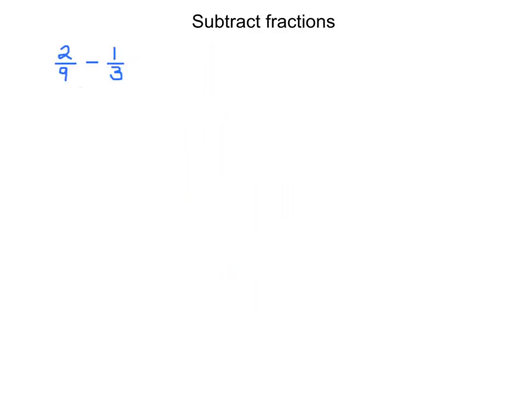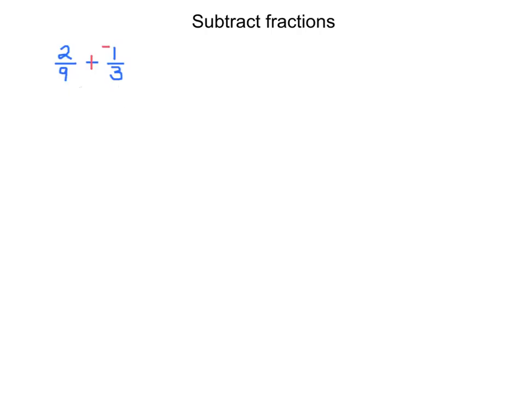Now we're looking at subtracting fractions, and it's very much like adding fractions. The difference is we have subtraction, and so what we want to do is change the subtraction to addition of the opposite, which means what we have here is I'm now adding a -1/3.